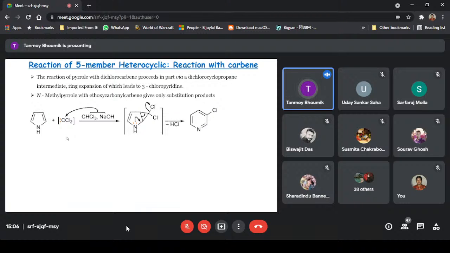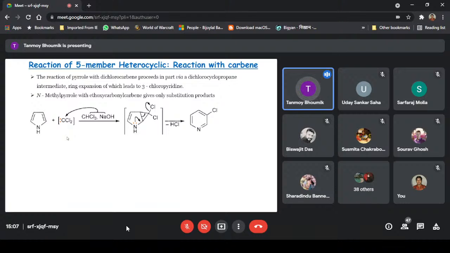It can form a cyclic 3-member compound, and this cyclic 3-member compound can ring open through this bond breaking, and it can form 3-chloropyridine. So whenever the pyrrole is treated with this CCl2, which is the dichlorocarbene, it can immediately form a different type of product.